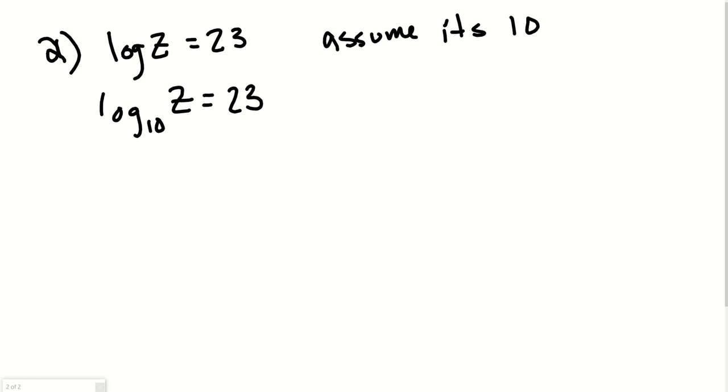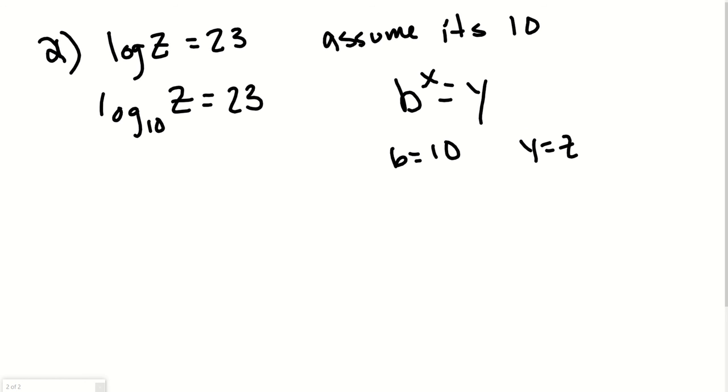Well, it wants us to convert this into an exponential equation. We know that the exponential equation looks like b to the x equals y. So my base would be 10, and the z is my solution, so y equals z.